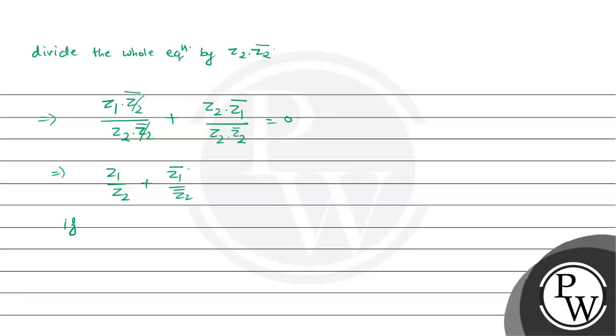See, z1 by z2 is a complex number. If I consider z1 by z2 as x + iy, this implies z̄1 upon z̄2 will be the conjugate of this one, so it will be x − iy.